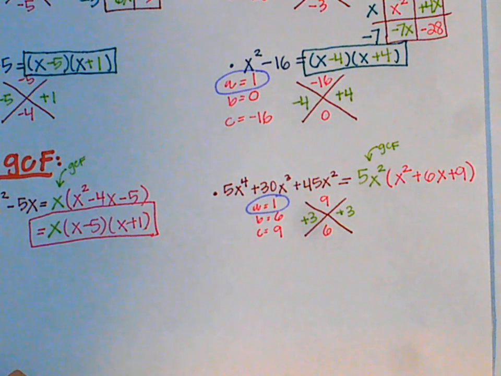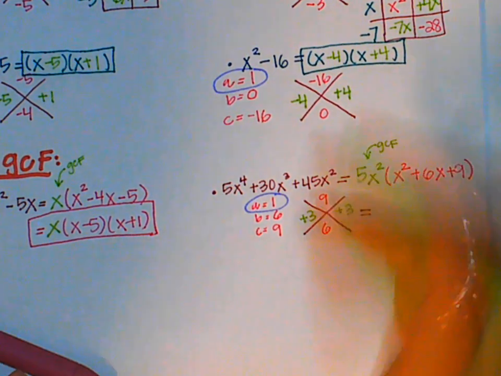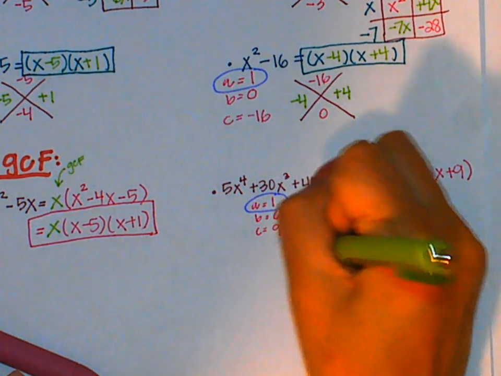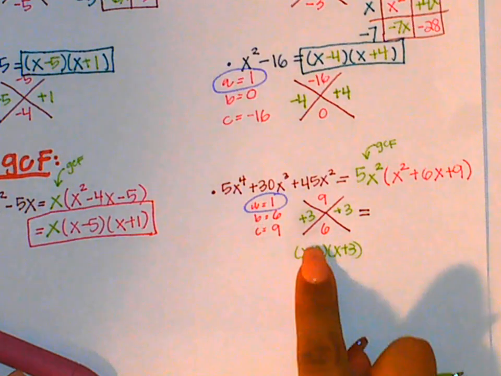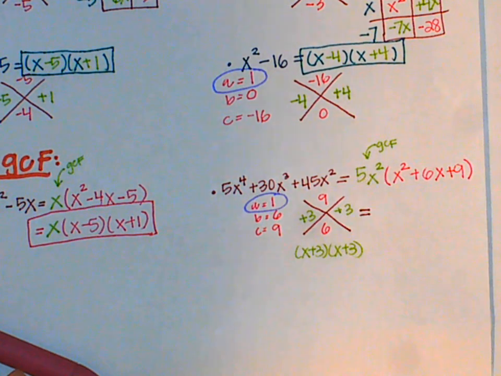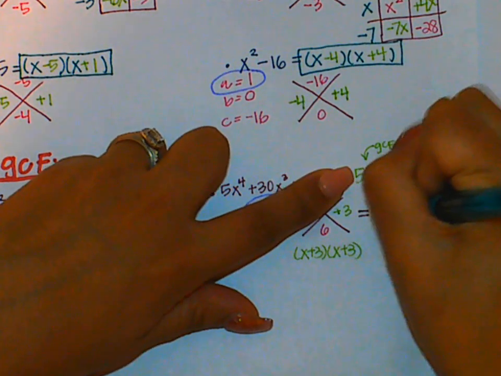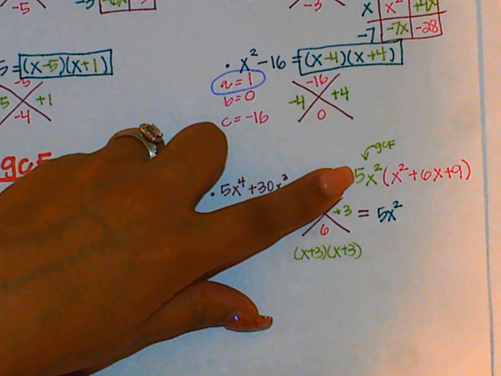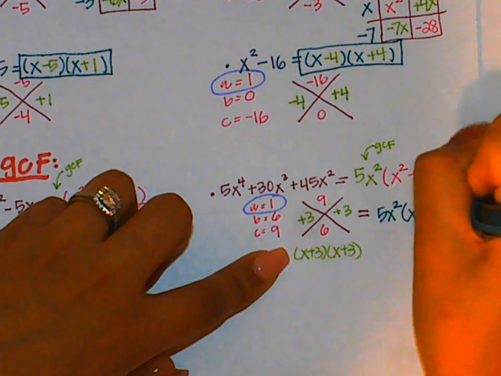So now, I can write this as x plus 3 times x plus 3 from here, but then I also need to bring in my GCF. So my final answer would be 5x squared, which was my GCF, times my 2 factors, like this.